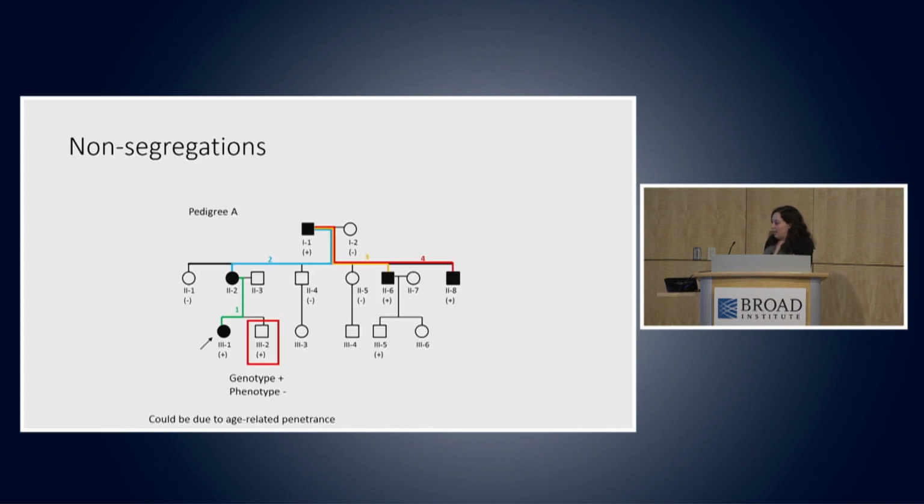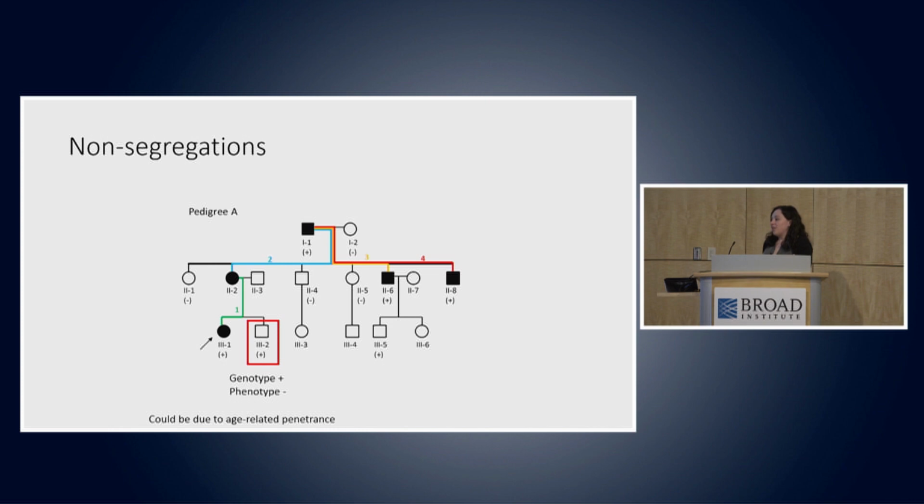So this is an example. Many people will consider this a non-segregation, that the person has the variant, but they're not affected. However, this could be due to age-related penetrance, particularly in some conditions that we've curated recently, such as cardiomyopathies, where the penetrance is incomplete, or maybe something would show up later in life.